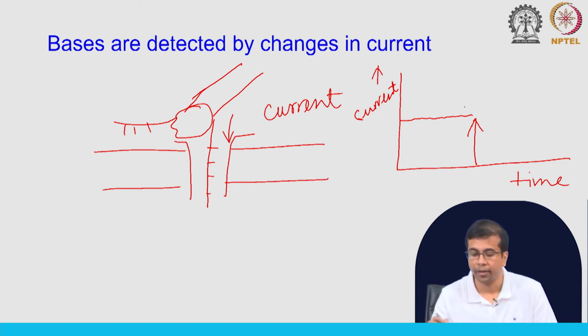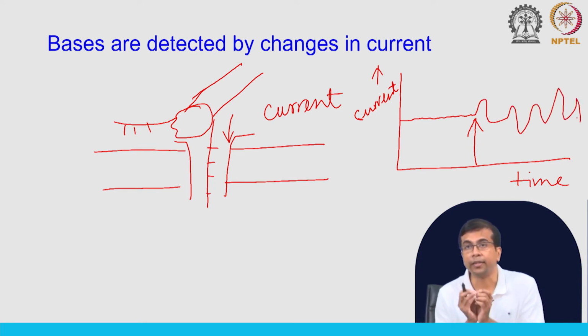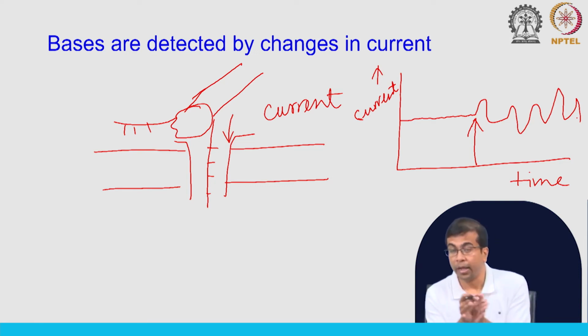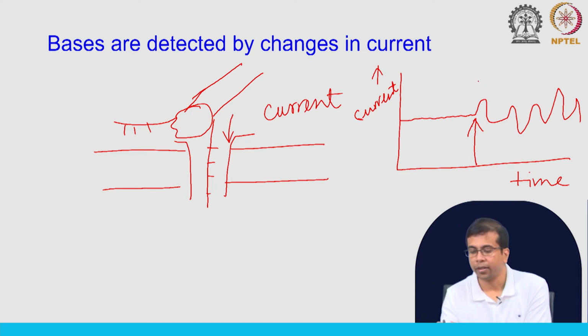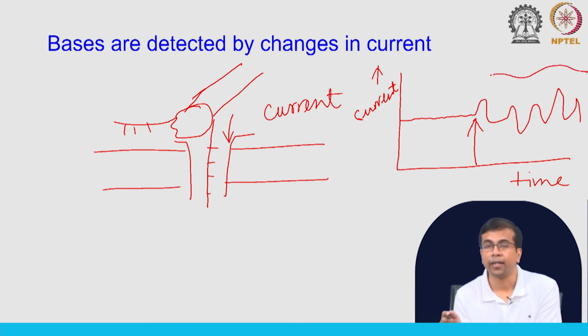Because of these specific sequences, they will modulate or change the current, and we will start seeing peaks, valleys, some sort of change. Again, this change is dependent on the sequence. So, by looking at the change in current, what kind of change we are seeing, we can identify what are the bases that are passing through the nanopore, and there is a specific characteristic of this specific set of sequences that will induce certain changes in the current.